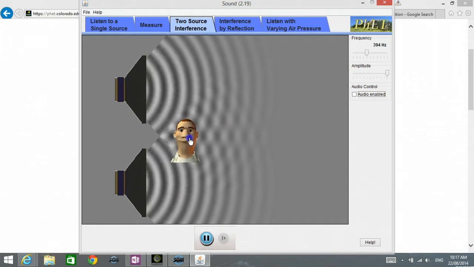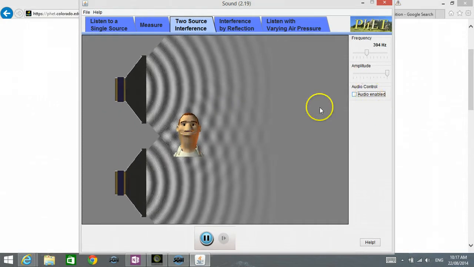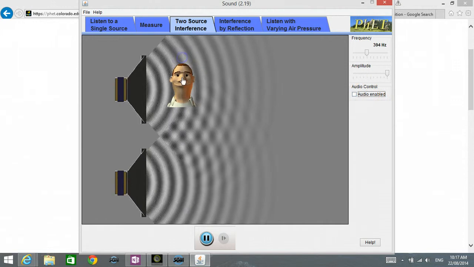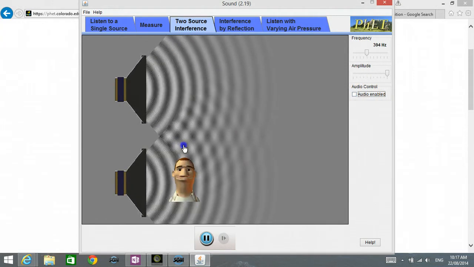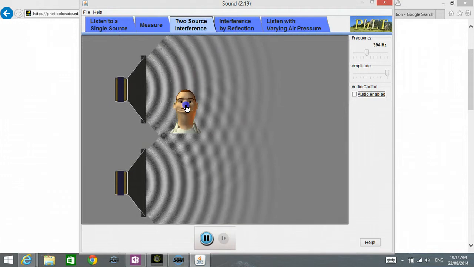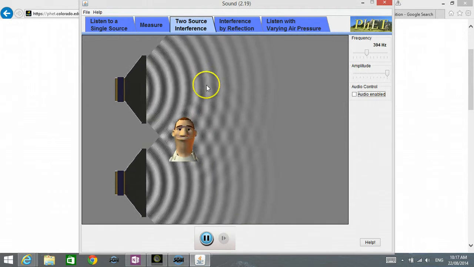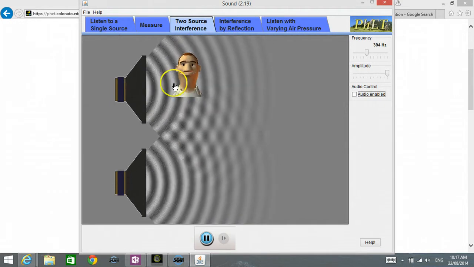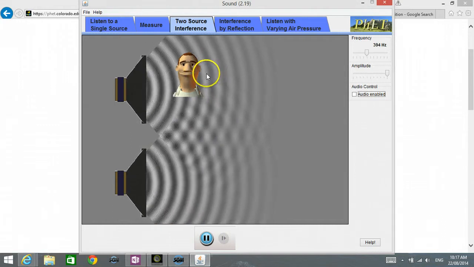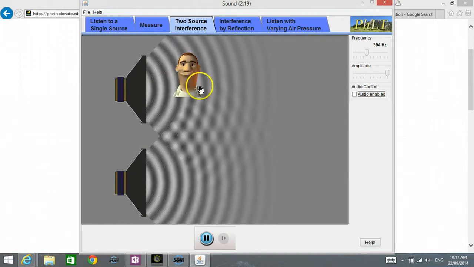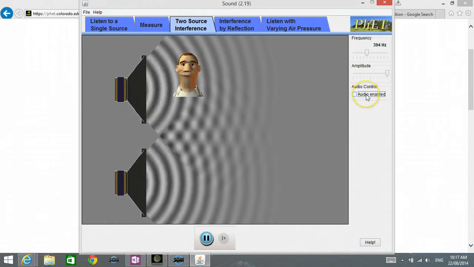So we can do an experiment. Let me enable the sound. If I move this person along like this, at some point they will hear a louder sound. At some point they will hear a lower sound due to the constructive and destructive interference of waves.